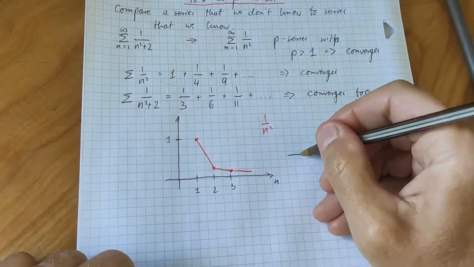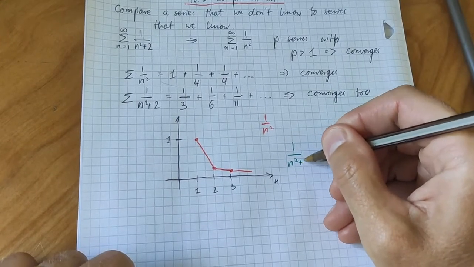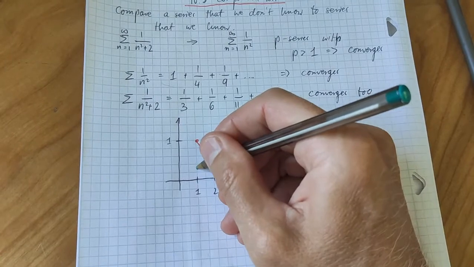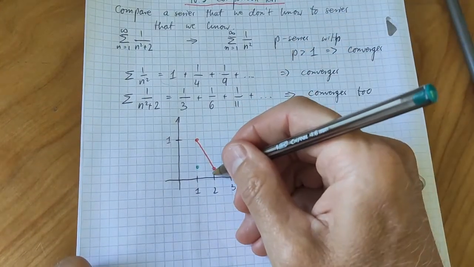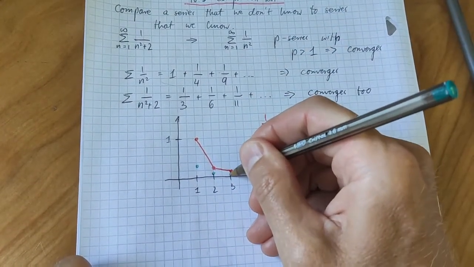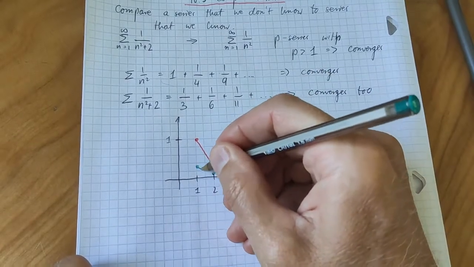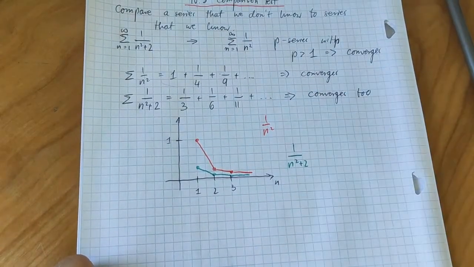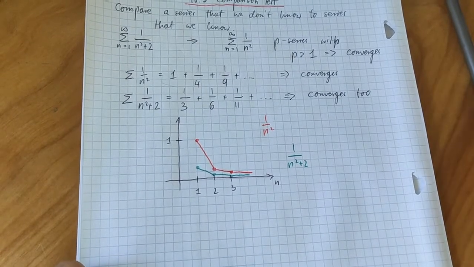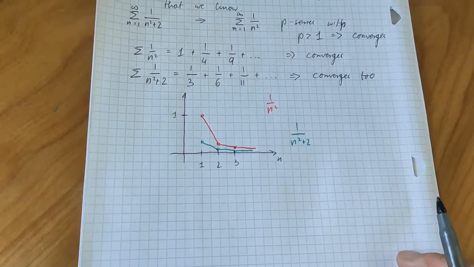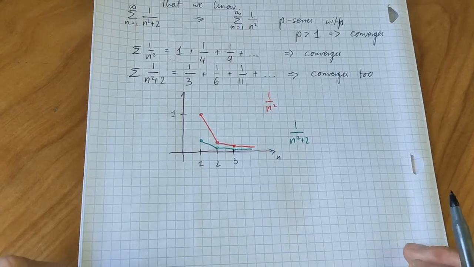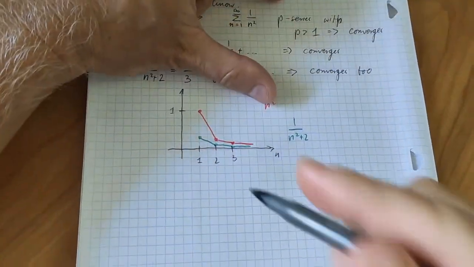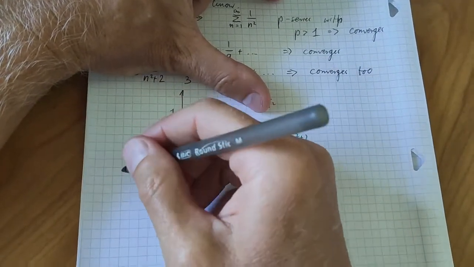The green one will be 1 over n squared plus 2. So here I have 1/3, and then 1/6, and here 1/11. You can see that the green series is simply lower. The values are less. Alright, so let me write the theorem that we'll be using.